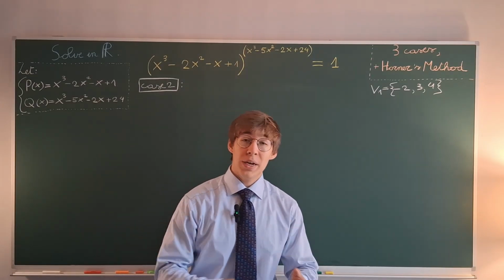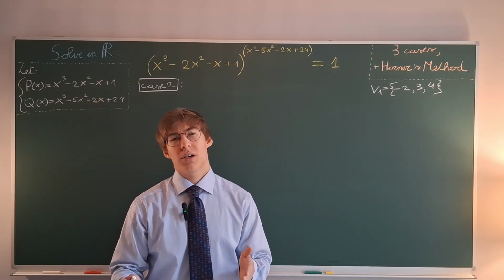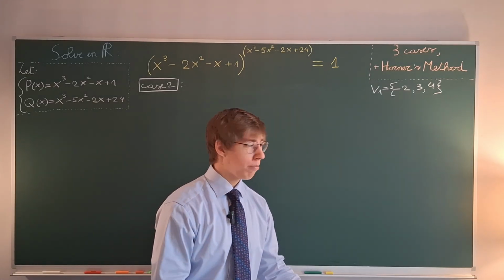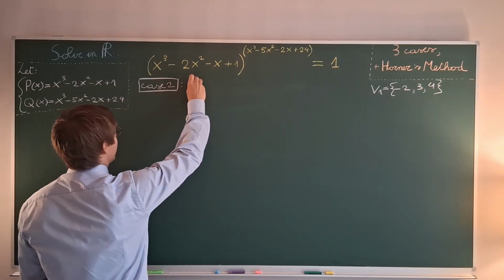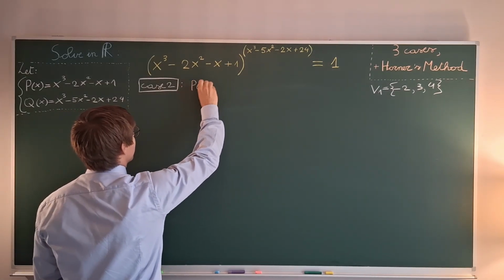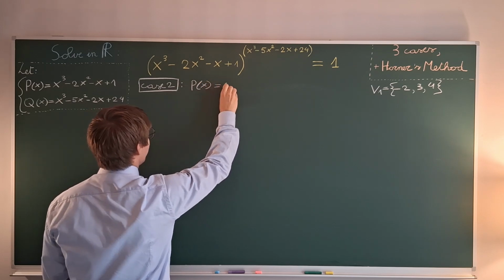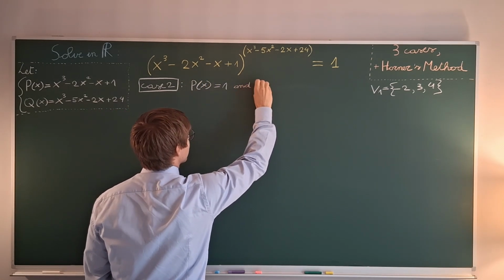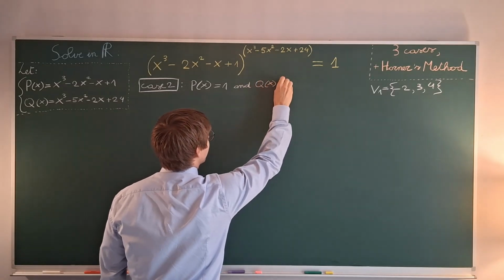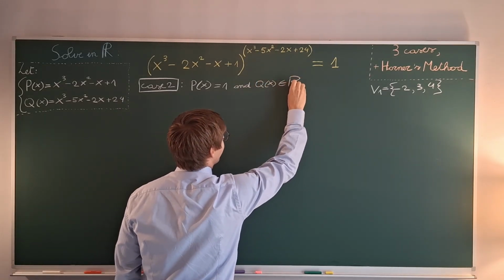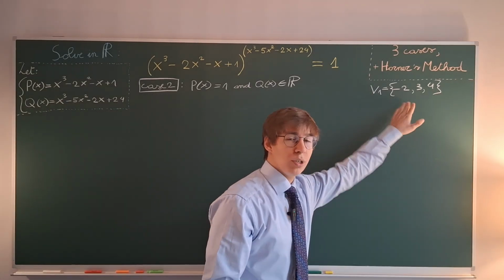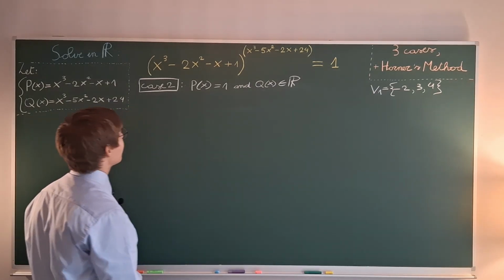Now case 2, when is an exponential equal to 1? Well, if just the base is equal to 1 and the exponent is a real number. So let's write that down. P of x is equal to 1 and Q of x can be anything. But if it is 0, then we will have solutions in common with the first set of solutions.